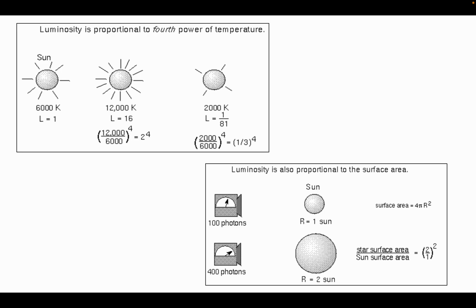Also, luminosity is proportional to the surface area of the object, or how big the object is. So if an object has a radius of one solar radius and is sending you 100 photons, then an object of two solar radii will send you 400 photons per unit time.